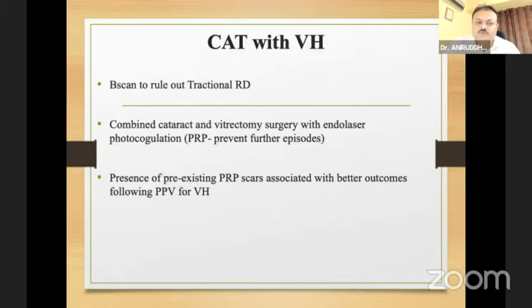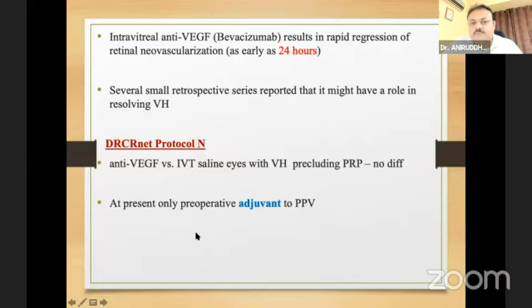So coming to the second scenario, that is cataract with vitreous hemorrhage, the B scan is very important. We need to rule out tractional retinal detachment. If there is a tractional retinal detachment, we have to take care of the tractional component as well. And the presence of pre-existing PRP scars is associated with better outcomes. Now coming to the preoperative use of injection Avastin, it has been shown to result in rapid regression of the retinal neovascularization as early as 24 hours.